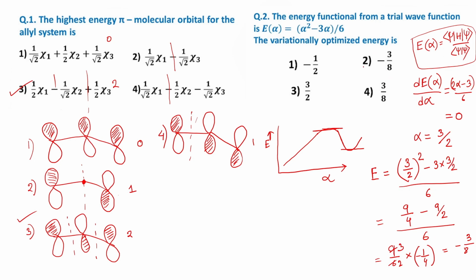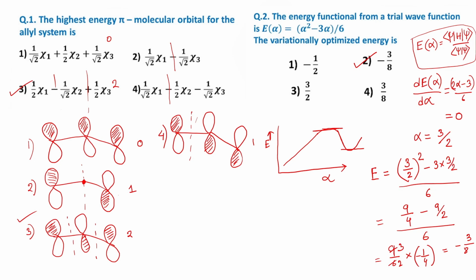The second option. Actually, see, when dE by d alpha equals 0, then you can get either a maximum value or a minimum value. So what is the next step? You can put the value of alpha. If you are getting two values of alpha, you can put them in and see what values you are getting.